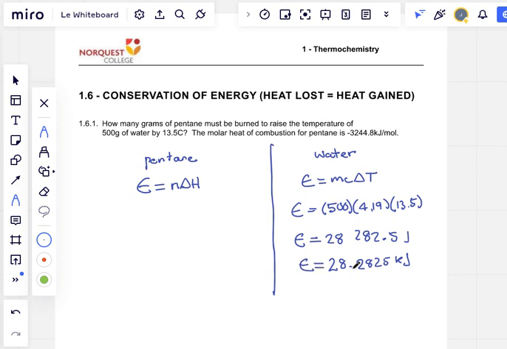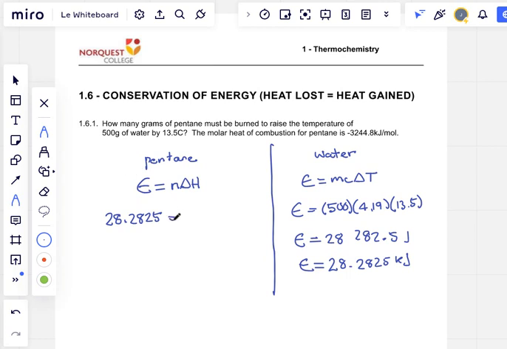And the golden rule for these questions is the energy that you find on one side has to match the energy on the other side, because all this energy in the water came from burning pentane. If the water took up 28 kilojoules, we can say, pentane, we know you released 28 kilojoules because we just saw it. 28.2825 is our E on both sides.